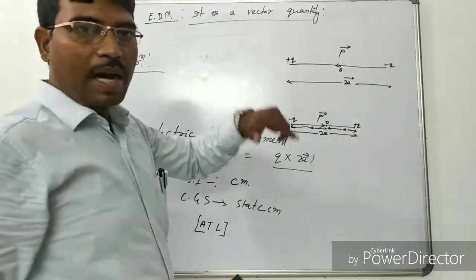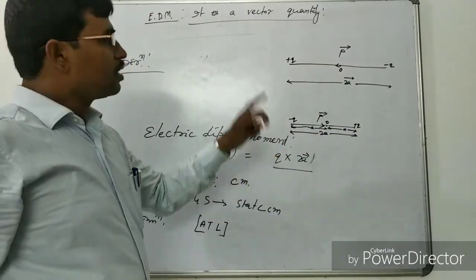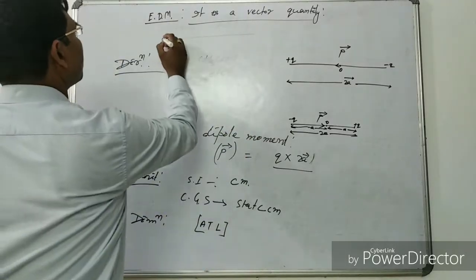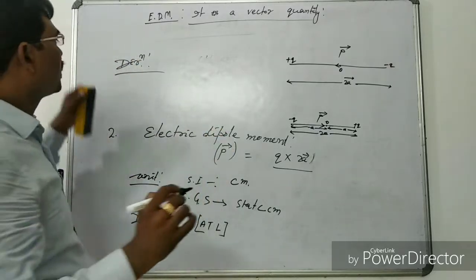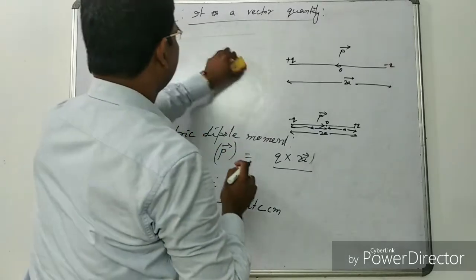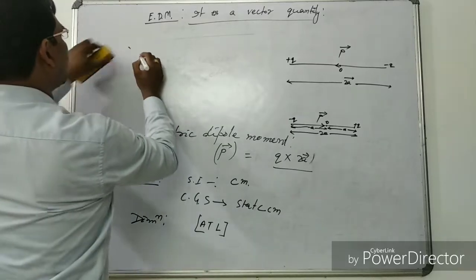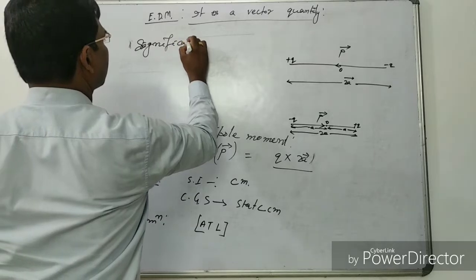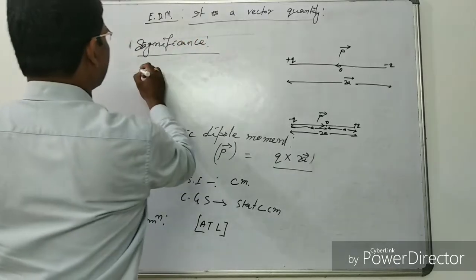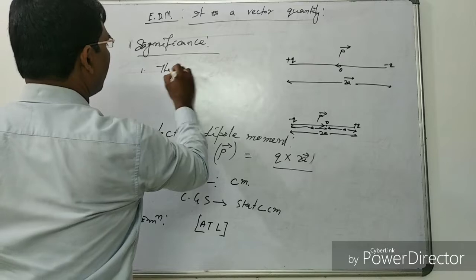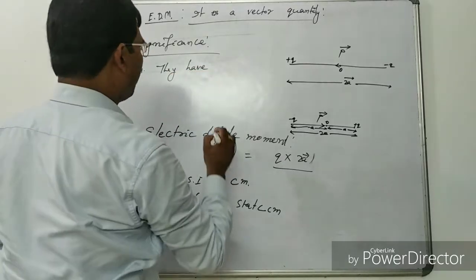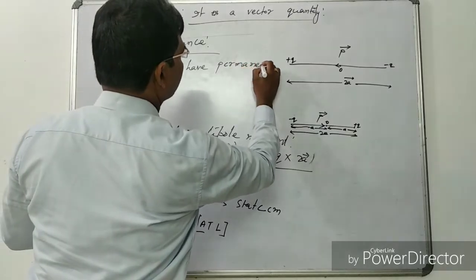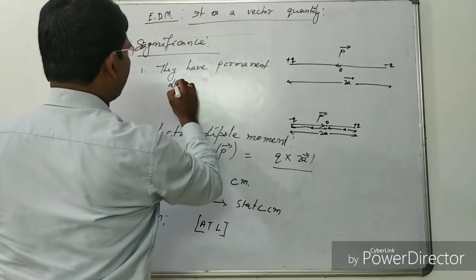Because the center of mass of positive charge and the center of mass of negative charge do not coincide, they have basic significance in electric dipole moment. They have permanent dipole moment.